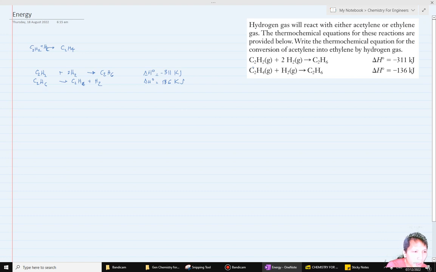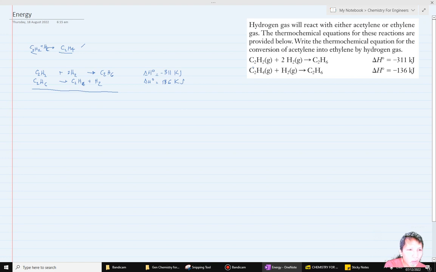So what we will do is derive this equation, the formation of C2H4 from C2H2. It should contain C2H4 as a product.